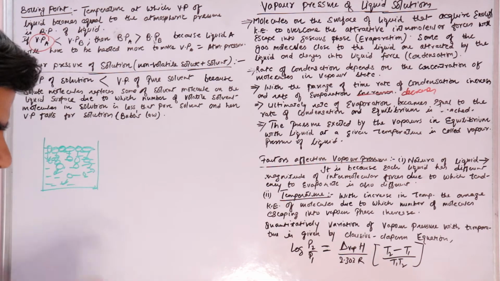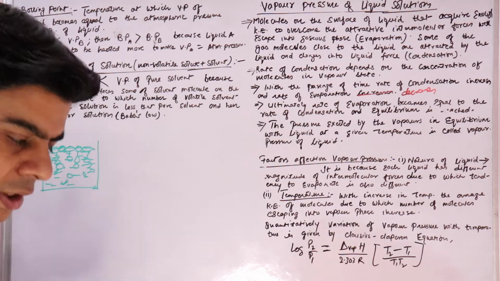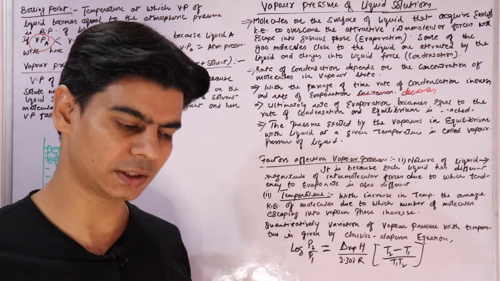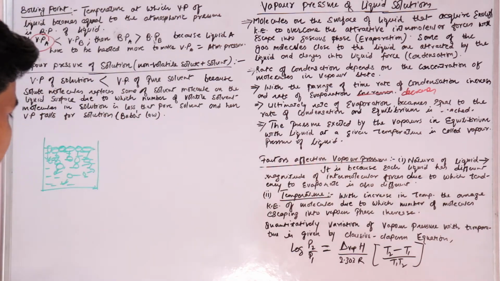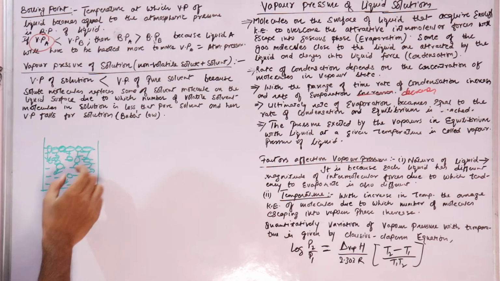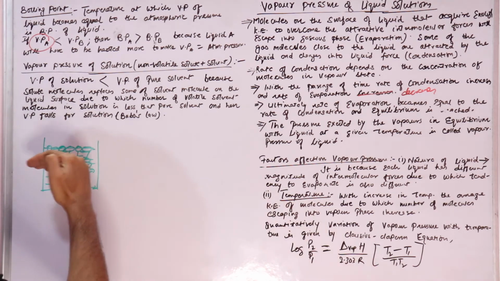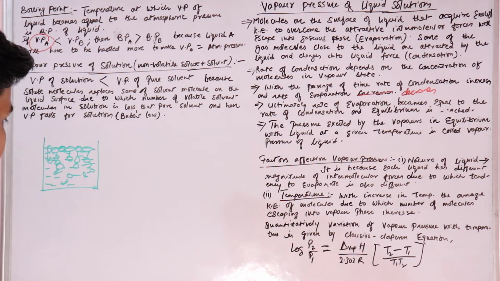We know that the liquid molecules have intermolecular force of attraction, that is, they attract one another with a force. So the molecules at the surface would be attracted by the molecules that are inside.